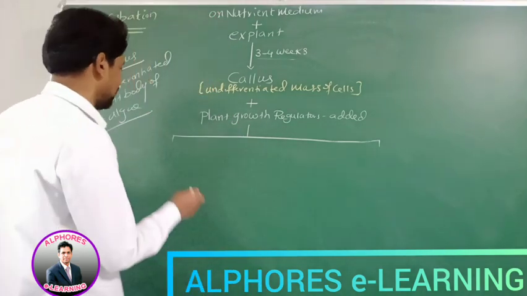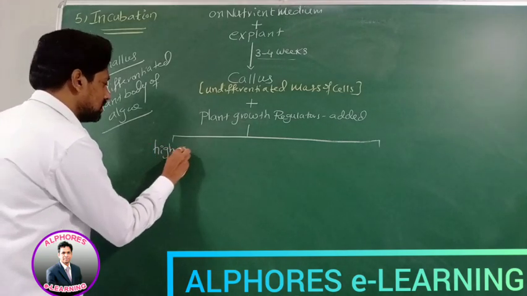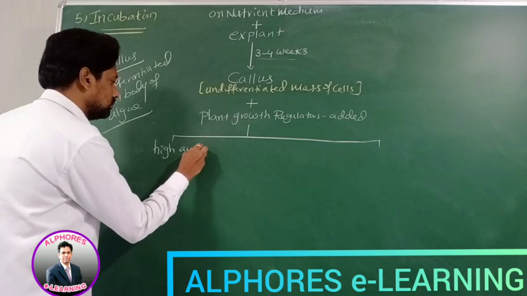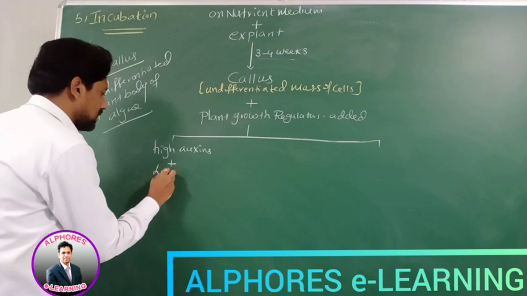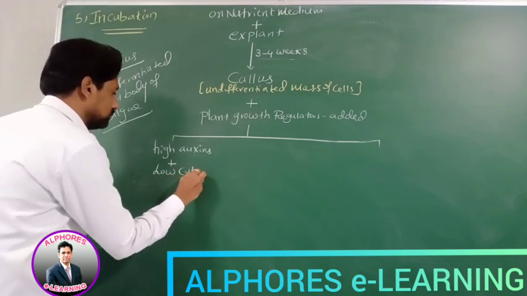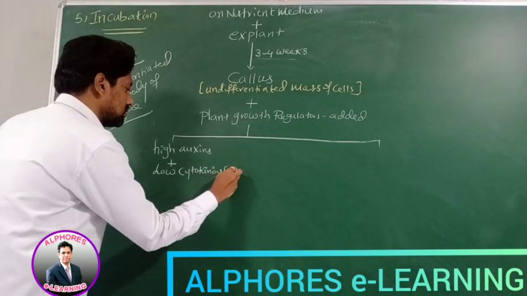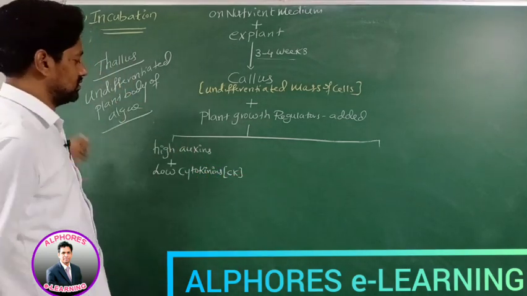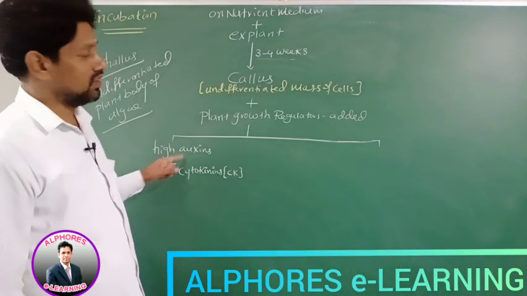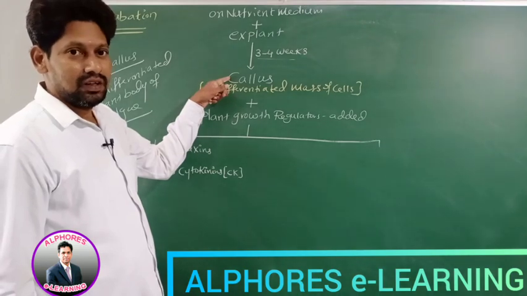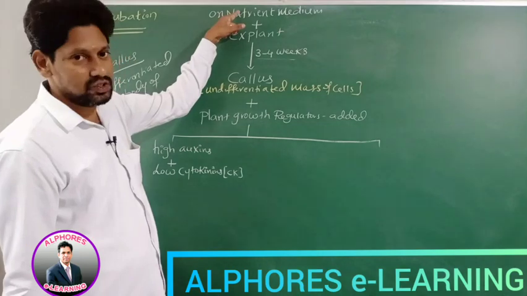Now listen to these statements carefully. If a high amount of auxins and a low amount of cytokinins are added, then what happens? More roots are formed. We are discussing callus, right? The callus is on the nutrient medium.